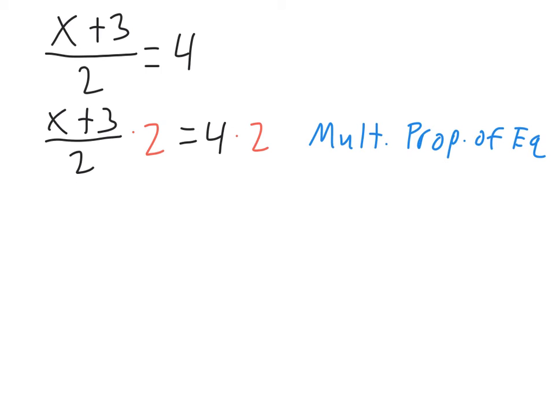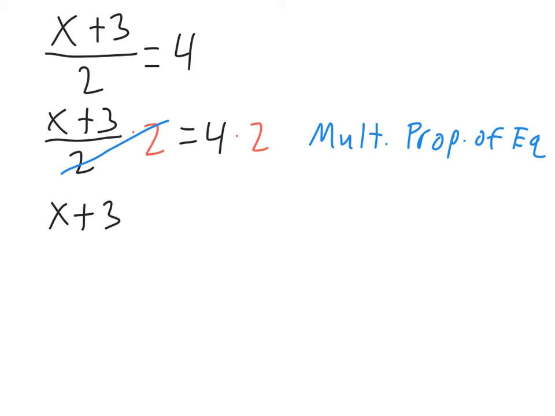And notice, when we do this, we have the divide by 2 here, and here we're multiplying by 2. These are opposites, so these two cancel each other out. So we can just cross these out. That leaves what's on top. So we're left with x plus 3.